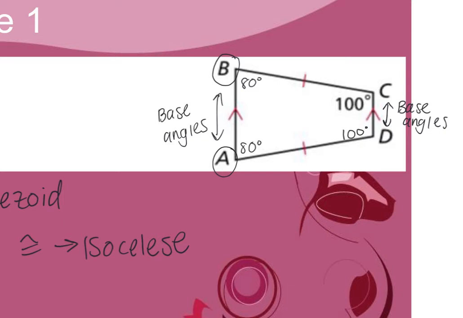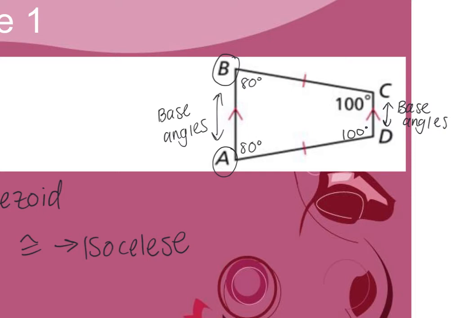Because AD is a straight line, which is a straight angle, which is 180. Yes. So since AB is parallel to CD, in any trapezoid, the two angles that are not base angles must add up to 180 degrees.